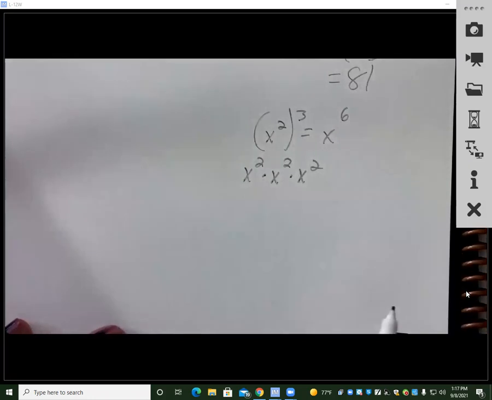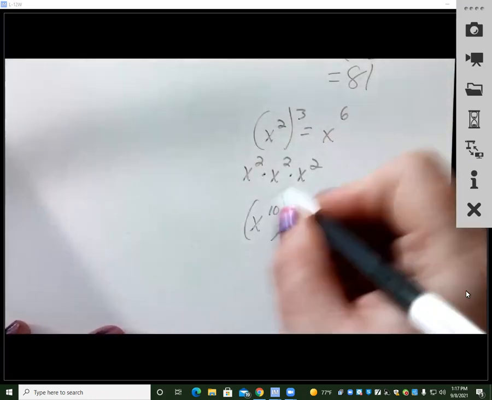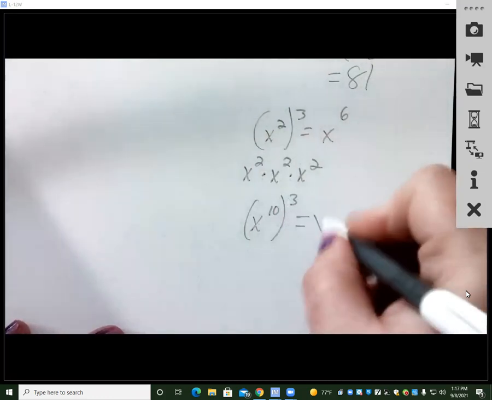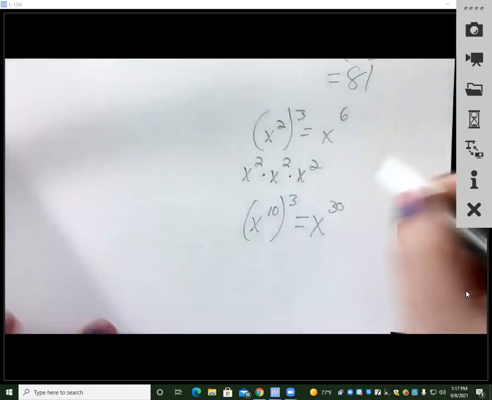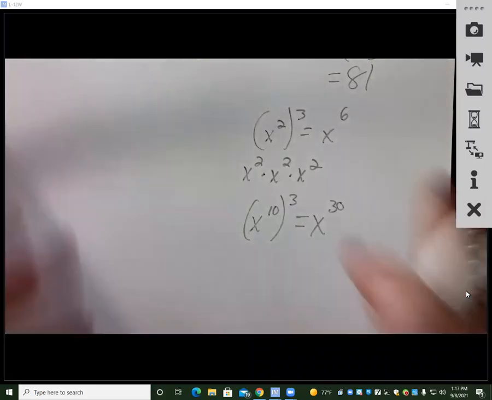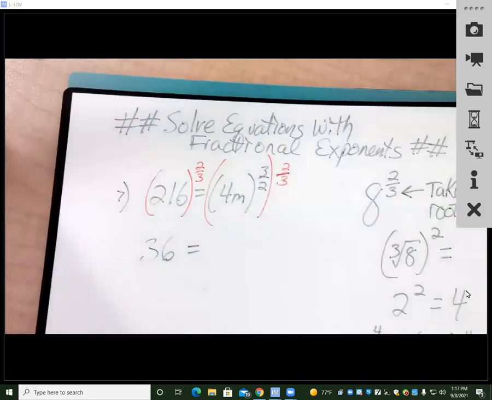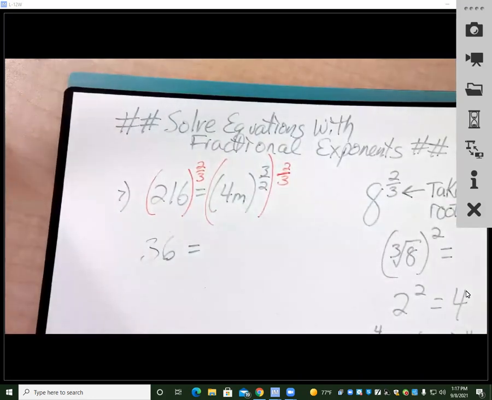One more: if I did x to the 10th and raised it to the 3rd, that gets me x to the 30th, because I'm just doing 10 times 3. That's one of your rules of exponents: when you raise a power to a power, you multiply. Using that knowledge, that's why this works so nicely.